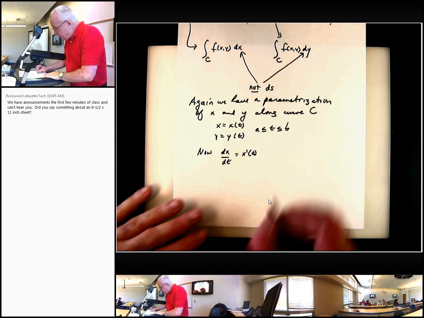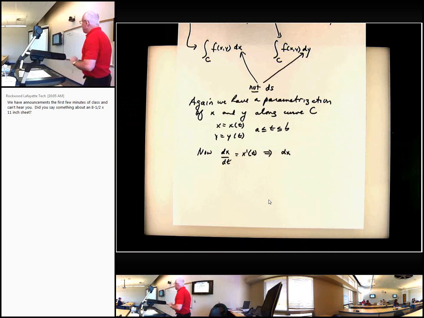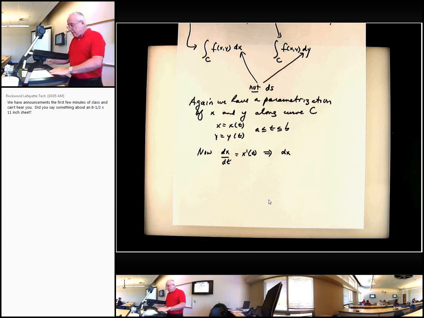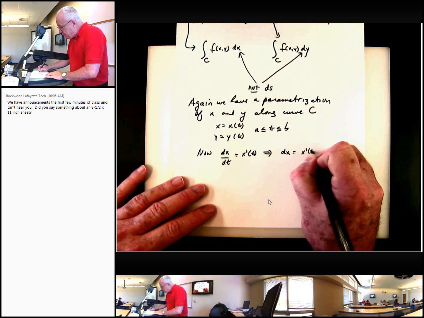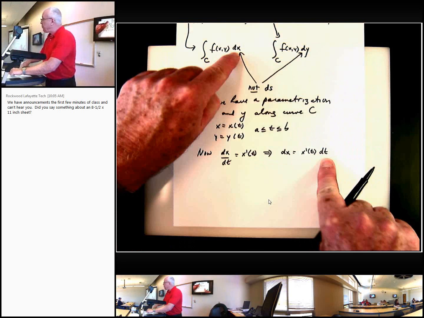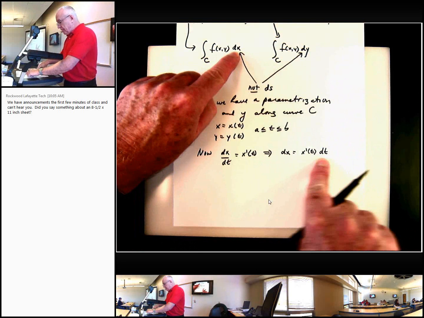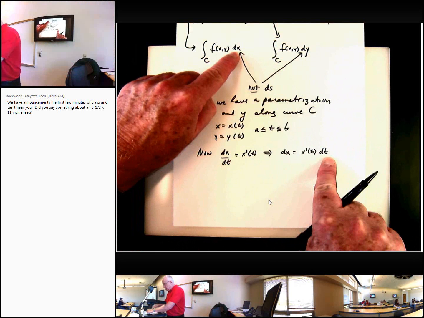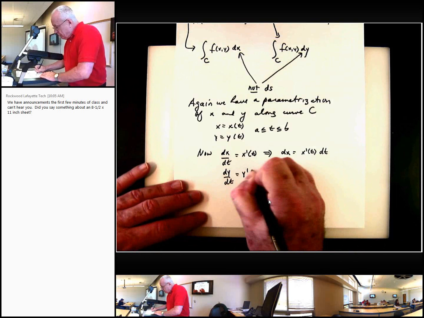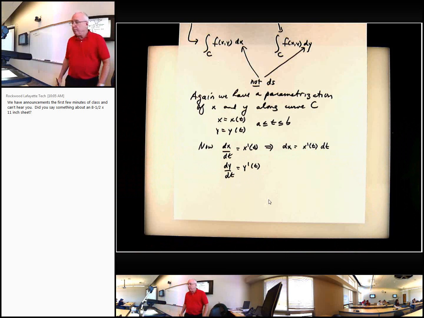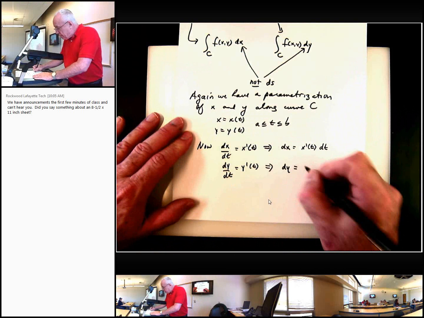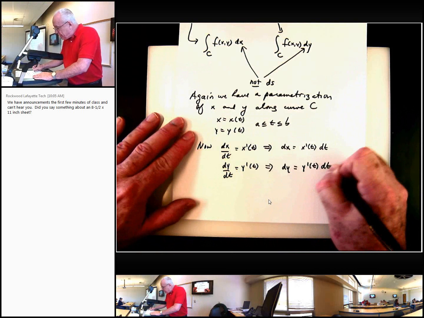So therefore, if I multiply both sides of that equation by dt, I get that dx is equal to x prime of t times dt. And this is what I'm going to be replacing my dx with. I'm going to replace it with x prime of t dt. We do the same thing for dy/dt. That's equal to y prime of t. Again, multiply both sides by dt, and I get that dy can be replaced by y prime of t times dt.